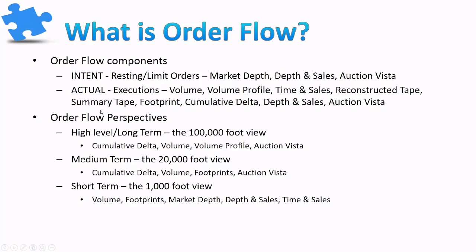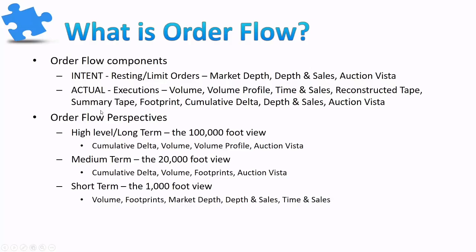So as a position day trader, you can actually get away without looking at the intent. For many traders, the market depth is not that important. Now, as a scalper, the intent is much more important, but the actual executions, what's really trading, is still much more important than the intent.